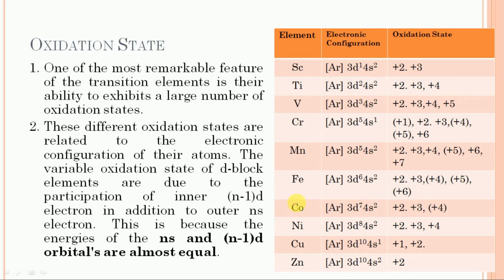For example, in case of iron, which has outer electronic configuration 3d6 4s2, the oxidation state is largely confined to +2 or +3.